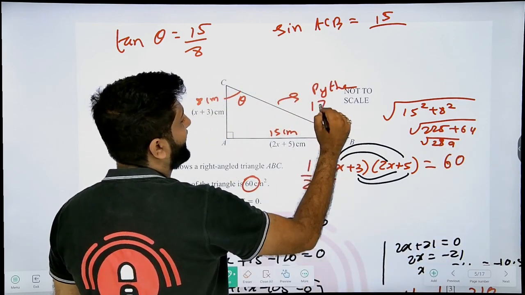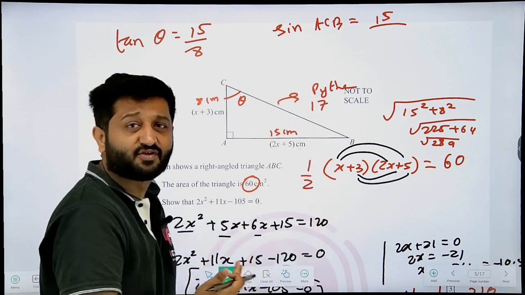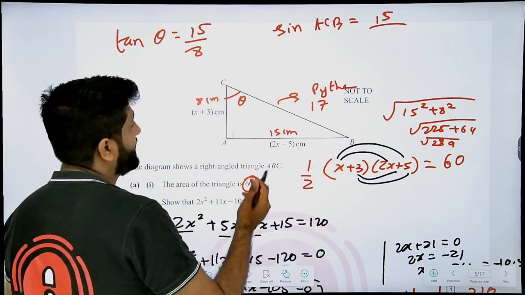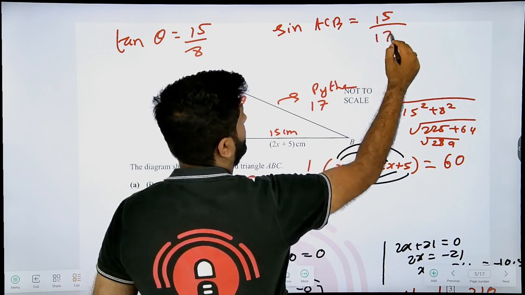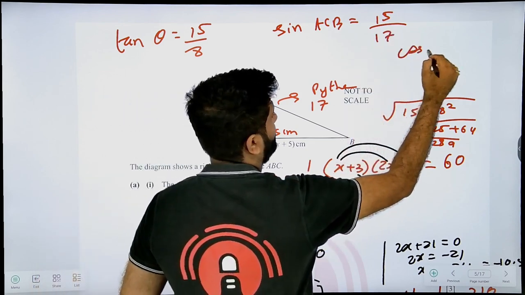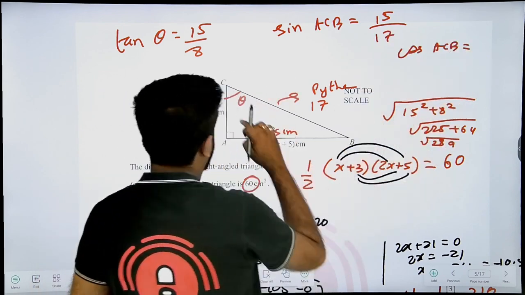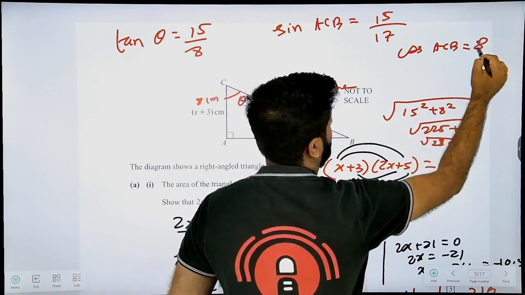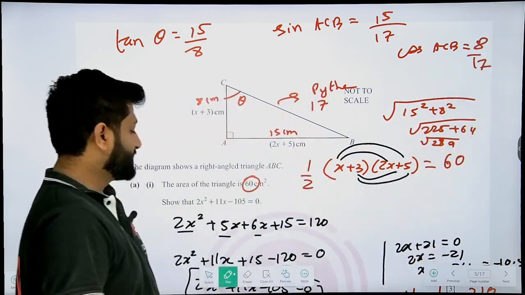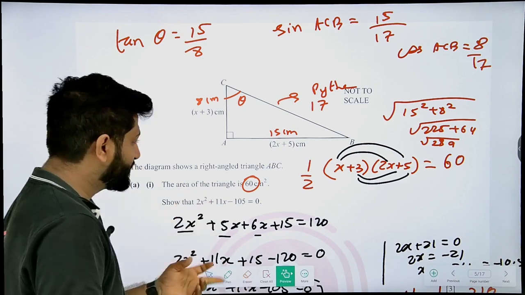So that is 17. So if they had asked for sine of angle ACB, I would have written 15 over 17. If they had asked cos of ACB, I would have written 8 over 17. So I just have to write down the ratio of the sides.